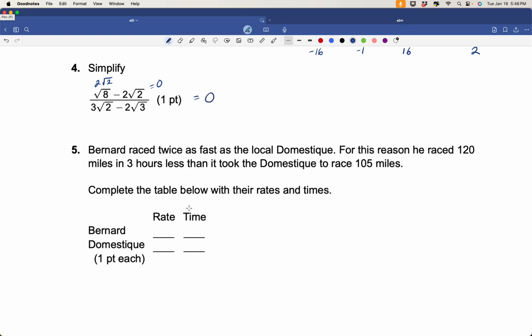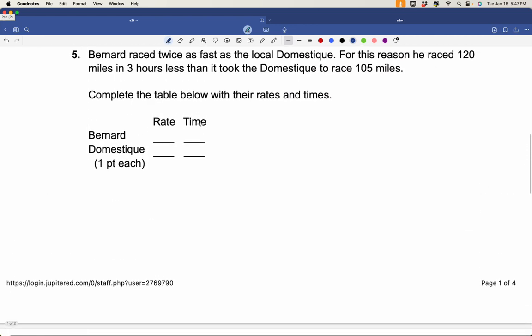That's it. You don't even have to do any math. All you had to do was reduce this one radical, figure out you had a 0 on top, you're done. Hallelujah. Less math.